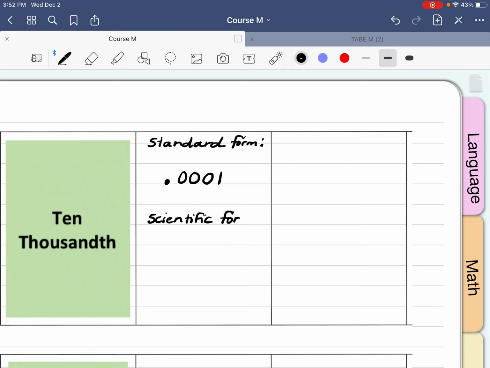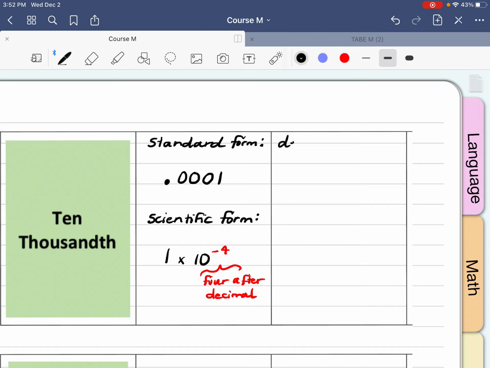Since I have a 1,000th, it is a negative exponent. So I have 1 times 10 to the negative 4. That means 4 after the decimal. Hopefully that's starting to make a little more sense.